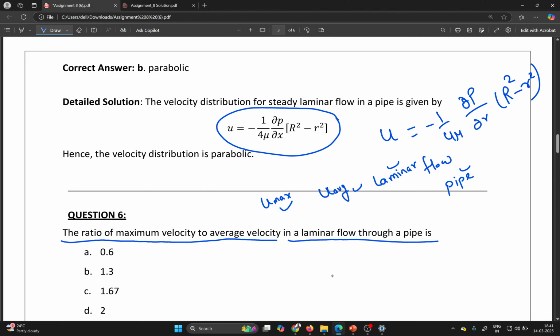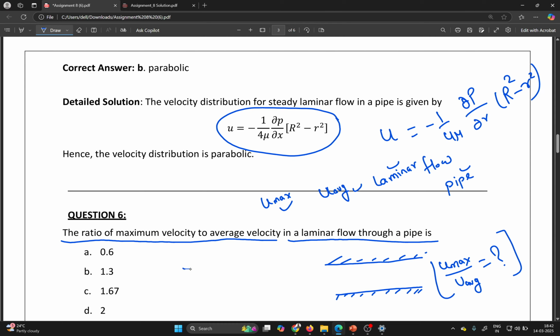Okay, here one question is also important. Let us assume the flow between flat plates. So here, U max by U average, how much?